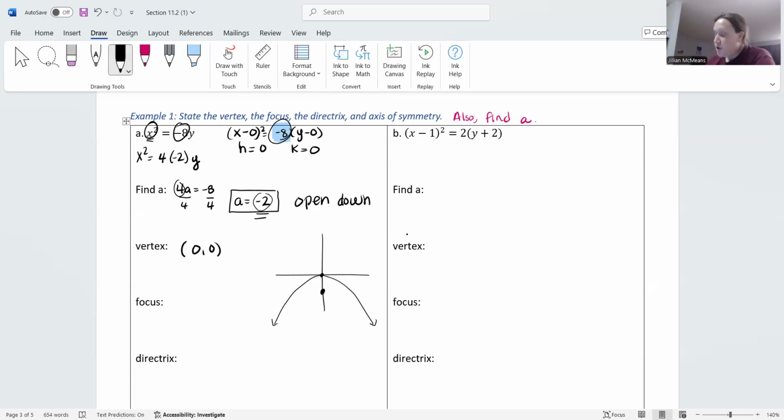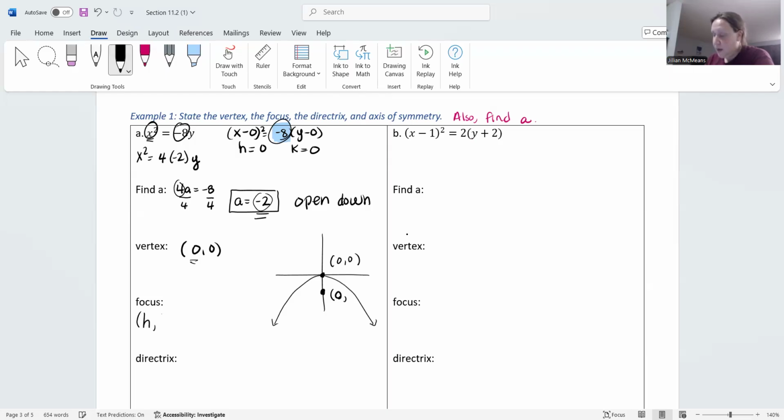So how would I go from here, (0, 0), to here? My x value isn't changing. What is changing is my y value. For the focus, you have to remember we leave the x alone and play around with our y. So x is still going to be that same value, which was technically h.